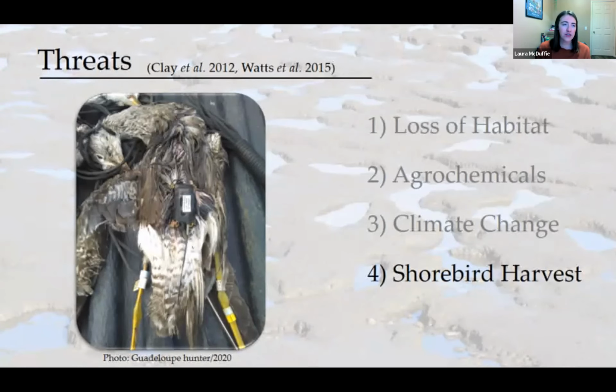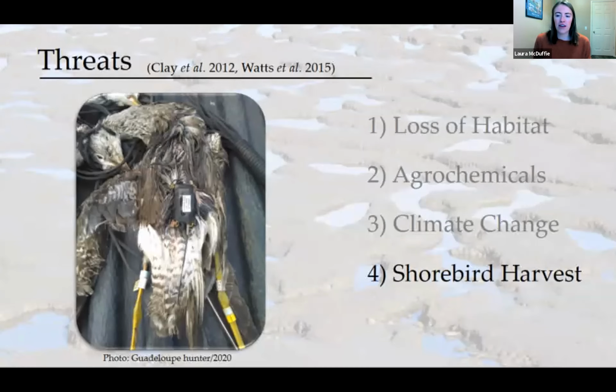And so harvest is regulated in many regions, including those that I just listed, but it is illegal in others, such as Guyana and Brazil.